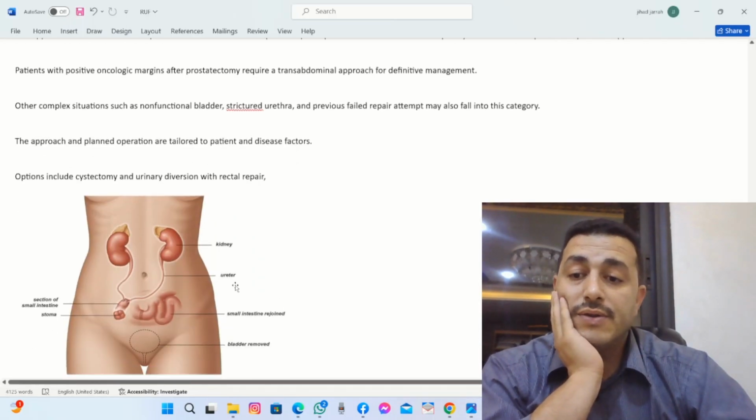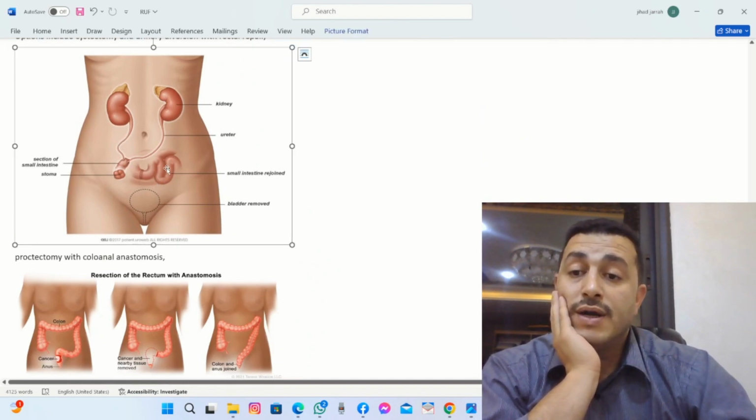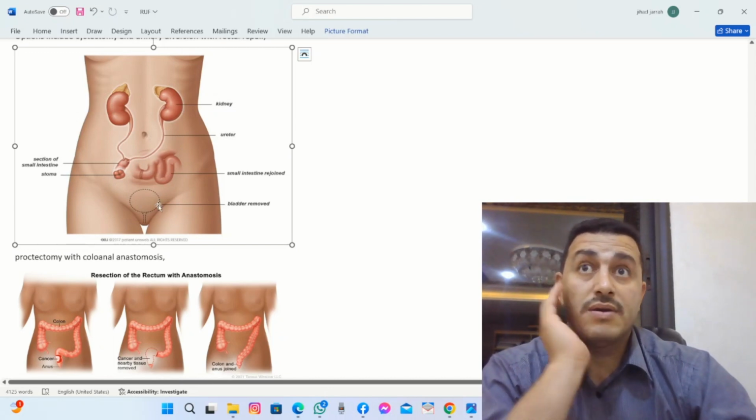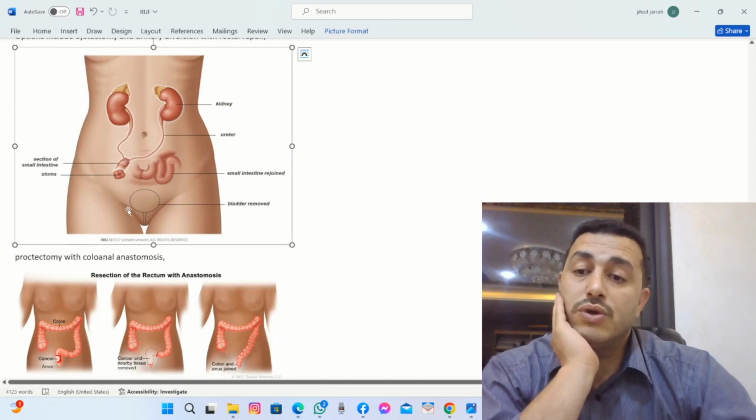As you see here, this is not an example for rectourethral fistula, just for imagination. What we did is diversion of the urine and we preserve the continuity of the bowel. We repair the defect in the wall of the rectum and we remove the prostate, the urethra.